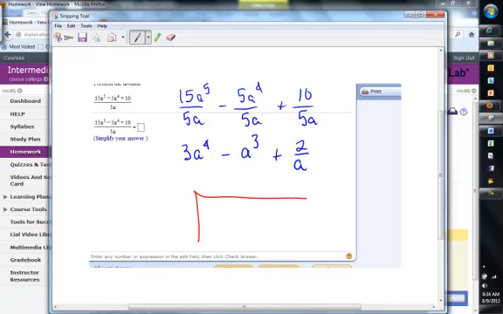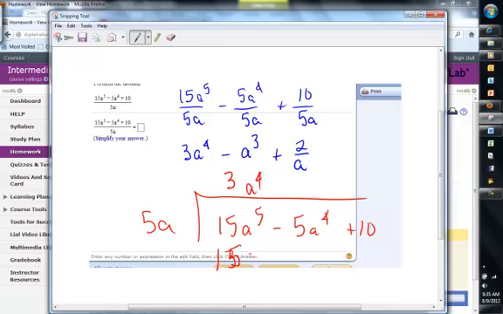The other way to do it would be using long division. 5a goes into 15a to the 5th minus 5a to the 4th plus 10. Okay, 5 goes into 15 3 times, and then a to the 4th. Subtract, that goes away.